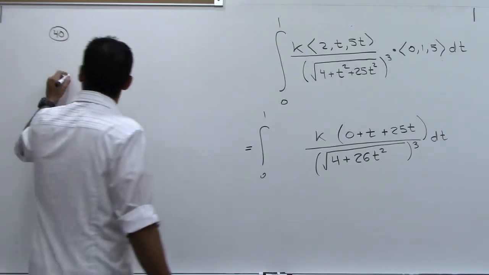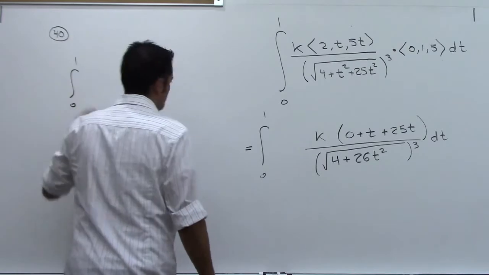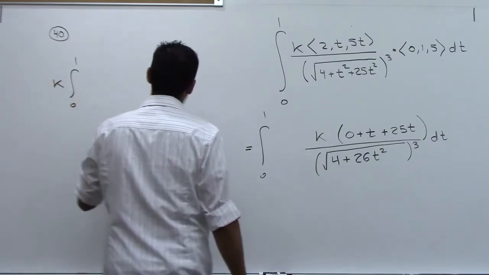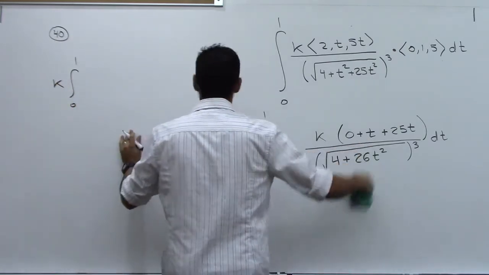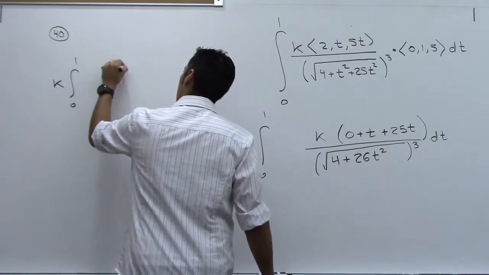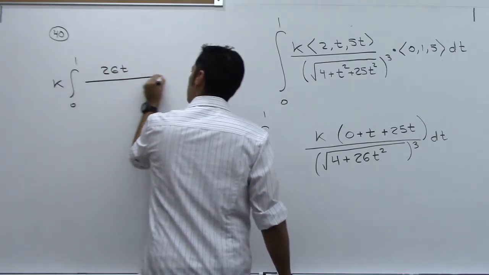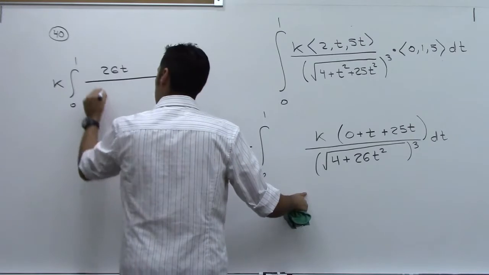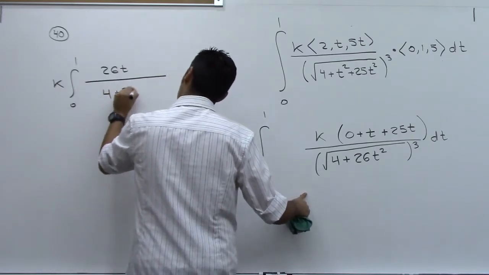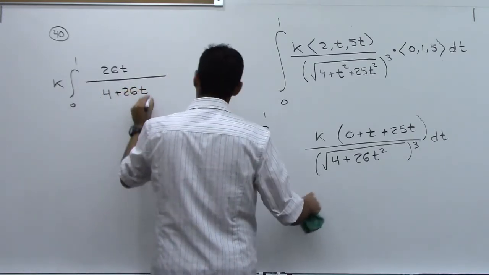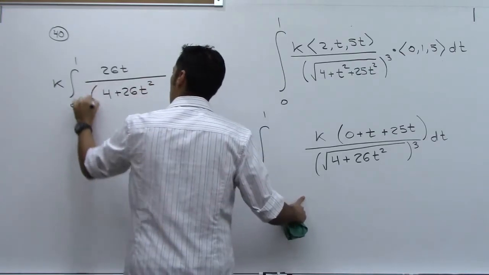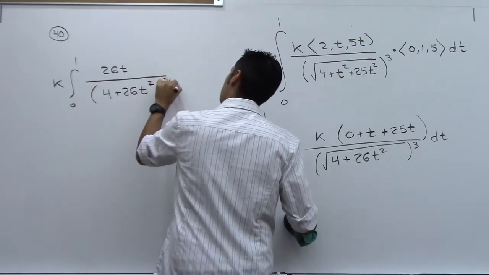Let me clean it up. Integral 0 to 1. K, I think I'll pull the k out. This is going to be 26t on top. And then underneath this, I've got 4 plus 26t squared, all of that to the 3/2, dt.